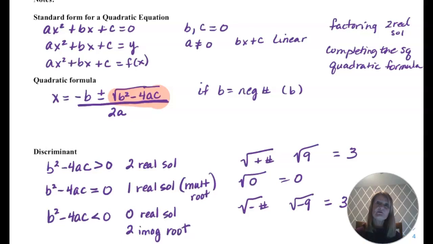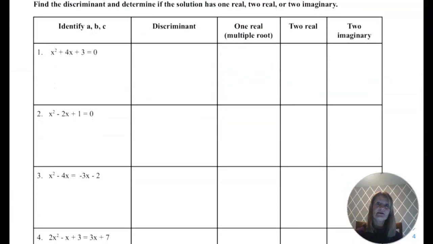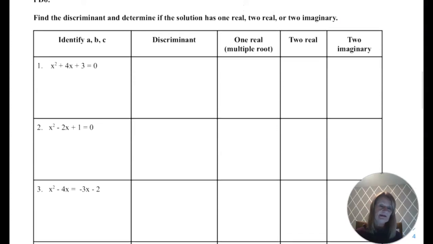So let's go ahead and find some discriminants. Here is our I do's. It says to find the discriminant and determine if the solution has 1 real, 2 real, or 2 imaginary.